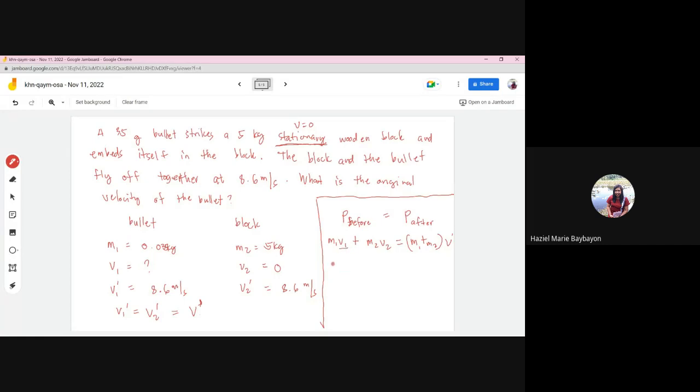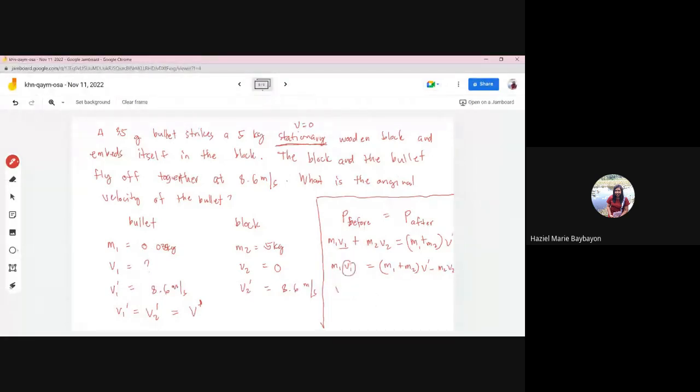And what we are looking for, class, is V1. Therefore, M1 V1 equals M1 plus M2 multiplied by V prime, and the M2 V2 term becomes minus when we transpose it to the right hand side of the equation. And then we isolate V1.